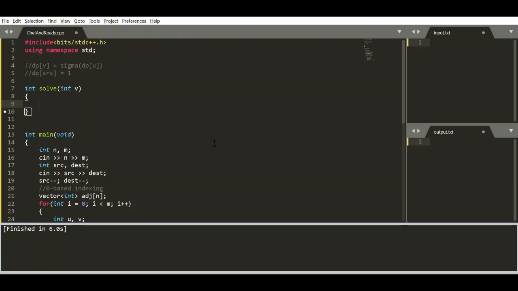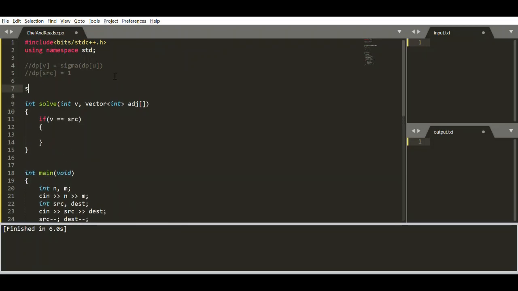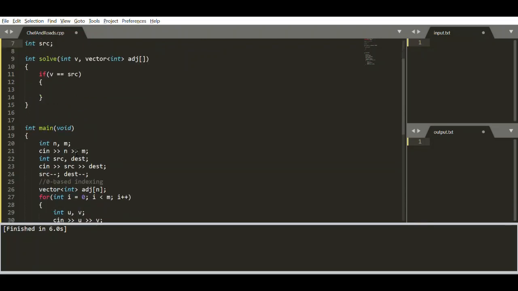So the number of ways to reach v, note that we also need to pass the adjacency list. So if v is equal to source, so let's make source a global variable.